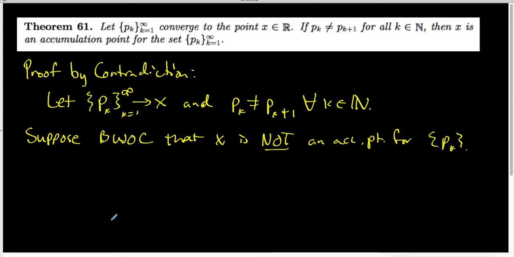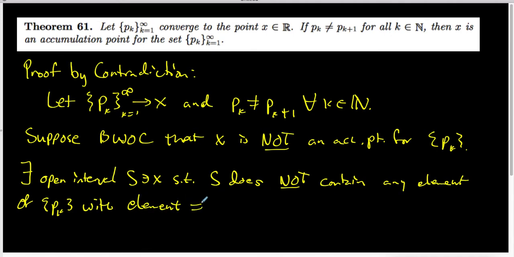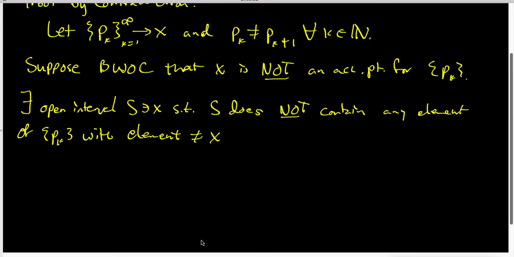Now, I want to think about what that means. That means there exists an open interval that I'm going to call S that contains our point X such that S does not contain any element of the set of terms of my sequence with the element being distinctly different from X. And I want to think about what that particular statement means in terms of the number line.